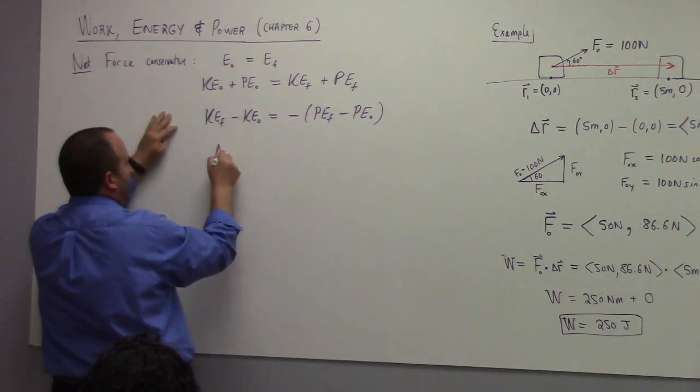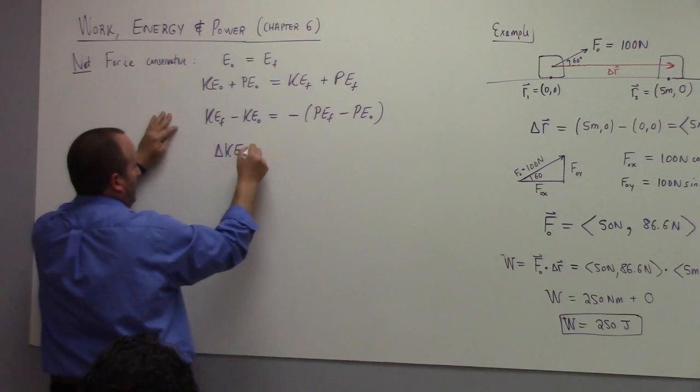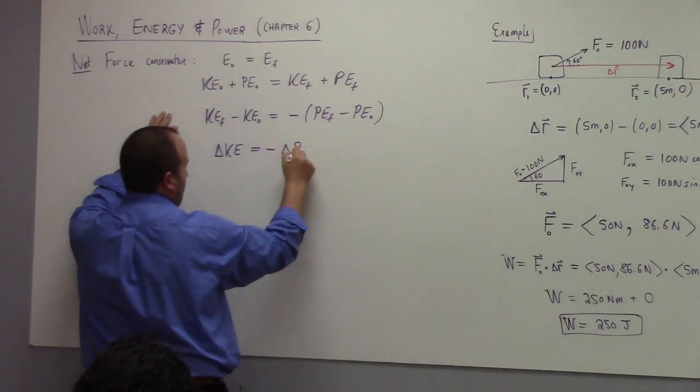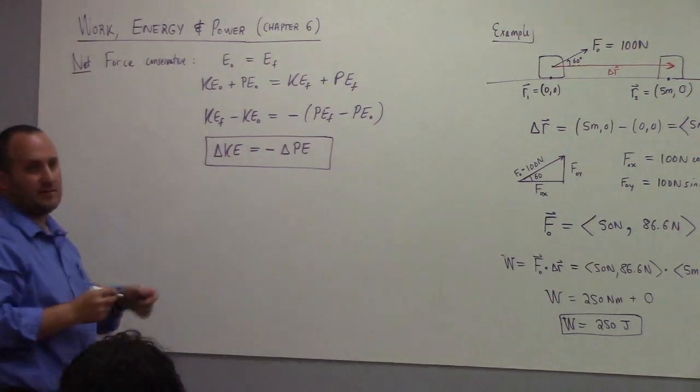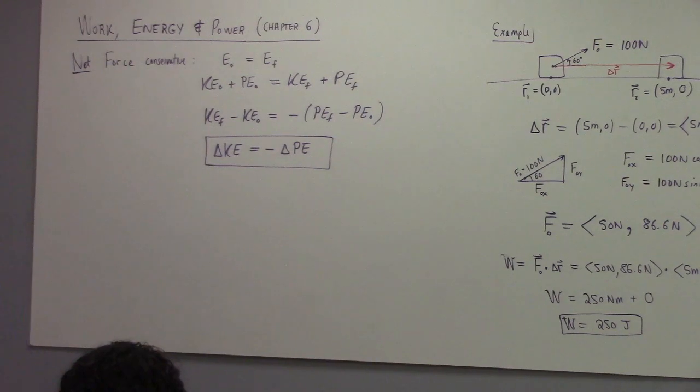In other words, the change in kinetic energy is equal to minus the change in potential energy. This is another very useful way to characterize conservation of energy. Whatever change there is in kinetic energy for the system must be matched by an equal and opposite change in potential energy. So the net energy flows between these two modes, kinetic or potential. But in a conservative system, energy is neither created nor destroyed. It only changes form. Any questions?